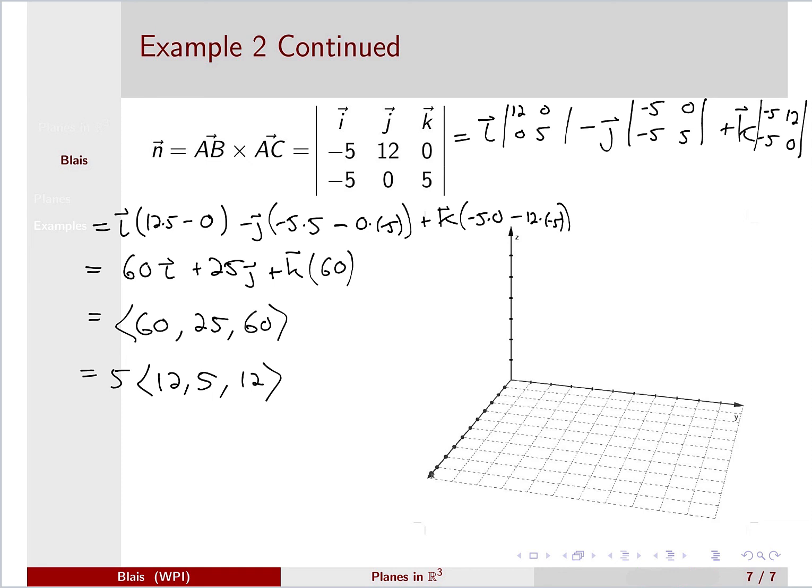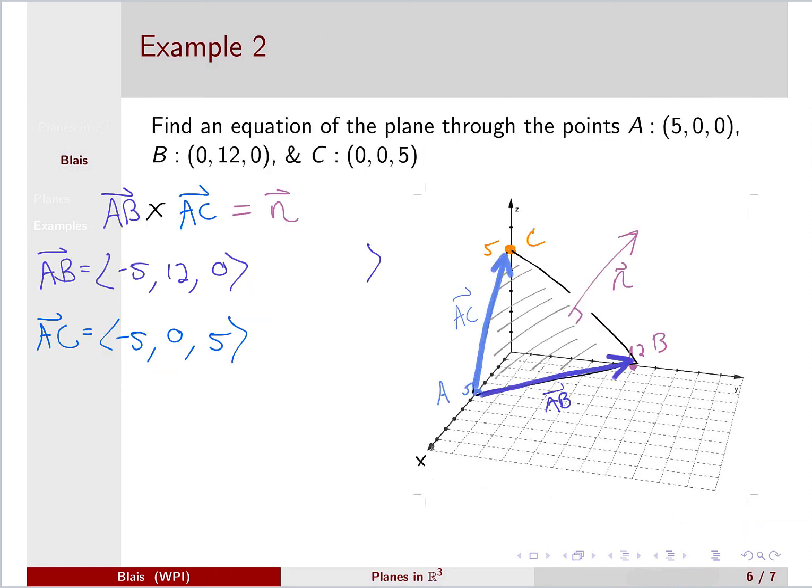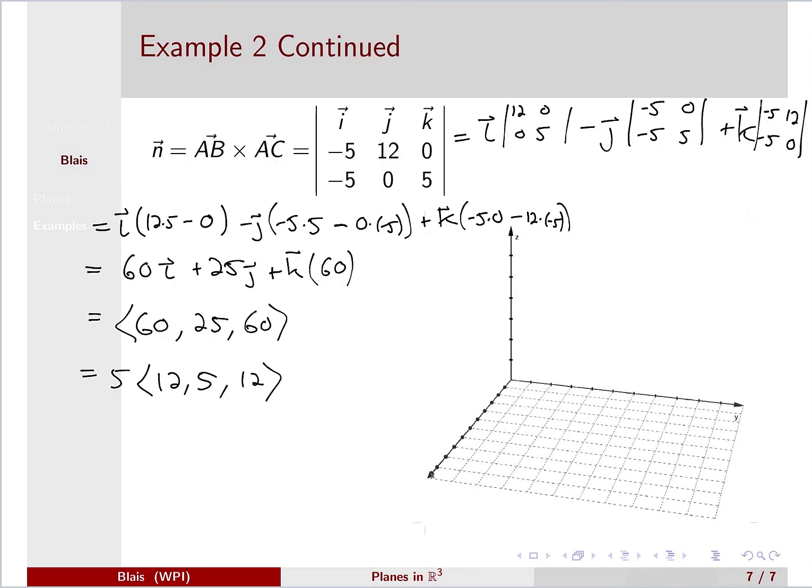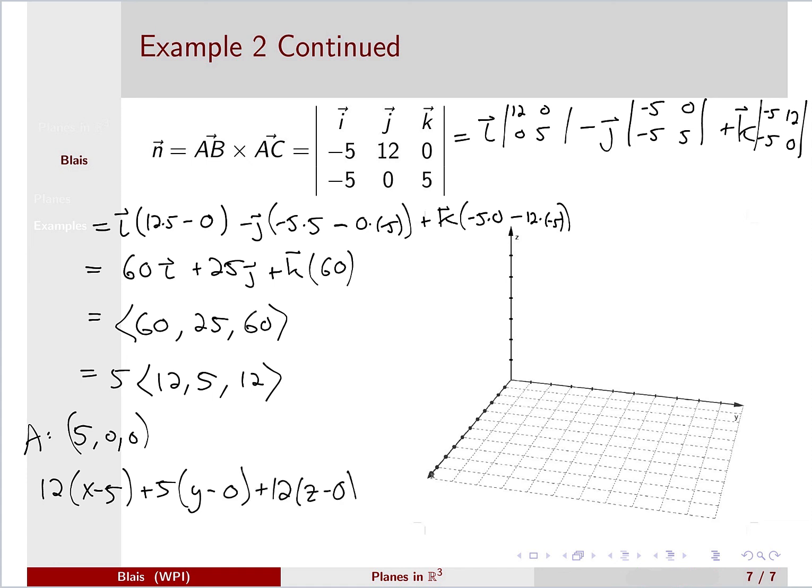And then we choose one of the points, and any one of the points will work. So why don't we choose A, which was 5, 0, 0. So if we use this with A, then the equation of our plane will be, so we take the entries from our normal vector here. So we'll have 12 times x minus 5 plus 5 times y minus 0 plus 12 times z minus 0 equals 0.